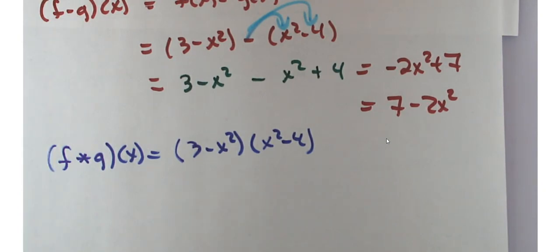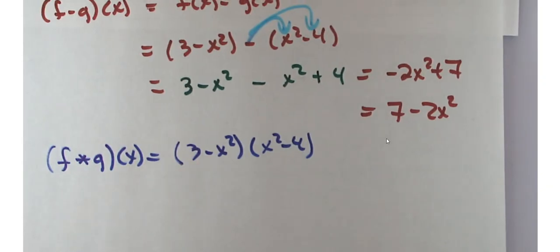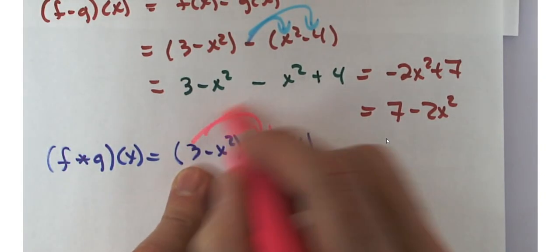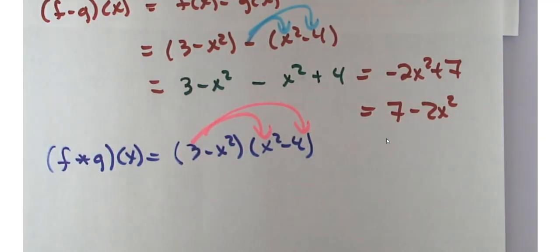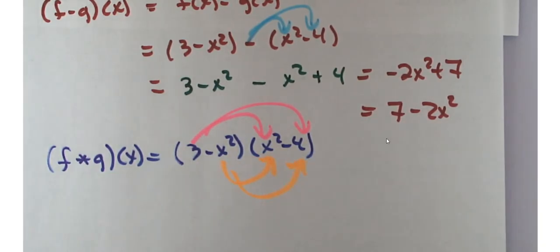Stan, any suggestions? You gotta multiply them out. Yeah, got to multiply them out. The 3 has to multiply both terms here. So you're basically distributing 3 times that, 3 times that. And then you got to do likewise with minus x squared and distribute that to both terms in the second binomial.